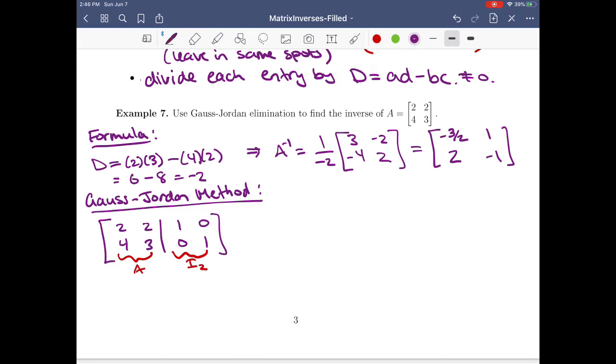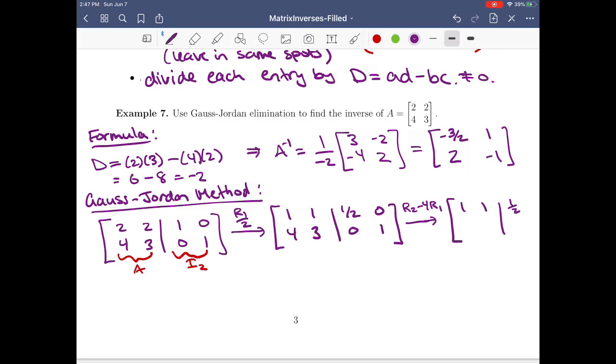And now I want to row reduce. I'm going to start in the top left corner. I want to do row 1 over 2, so divide everything by 2 in row 1. So I'm going to have 1, 1, 1/2, 0. And then I want to make that 4 a 0, so I'm going to do row 2 minus 4 of row 1.